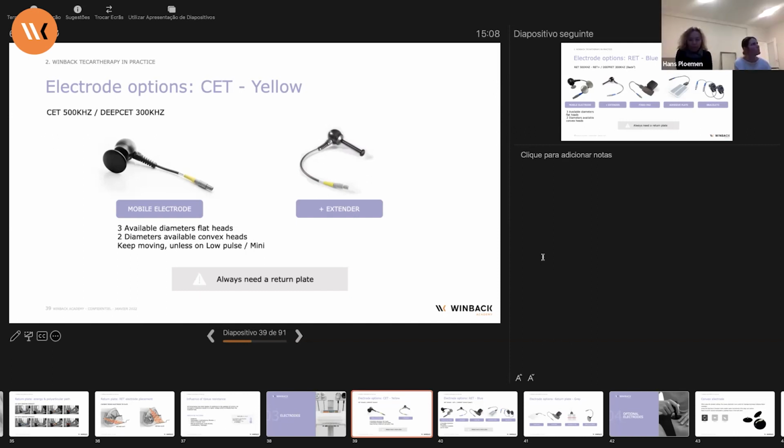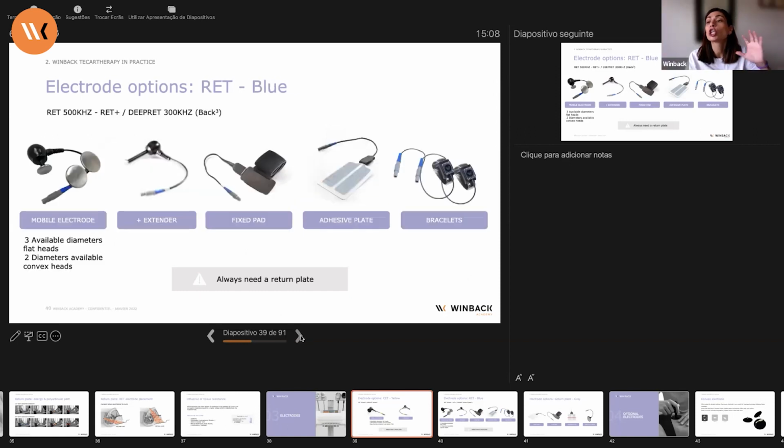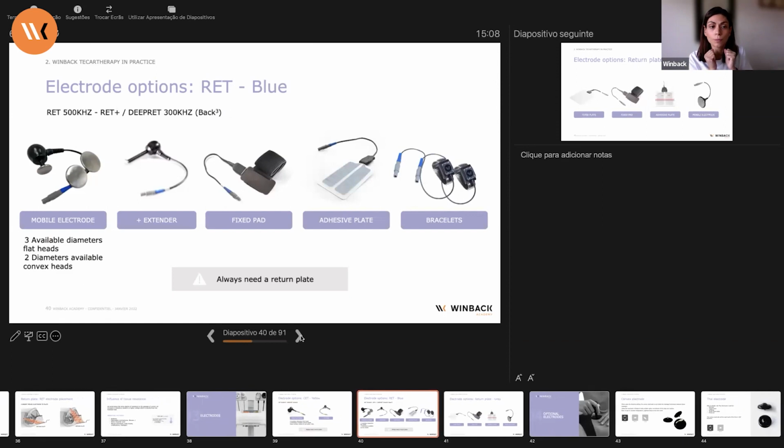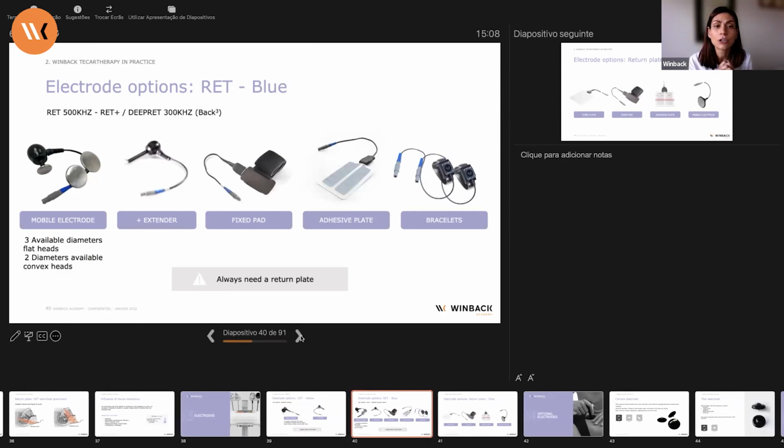Important, you always need a return plate to close the circuit. In the RET, the blue one is the metal one that has no cover, and we work on hard tissues. And we also work in chain, and we also work on dynamic, and we also work when you want to have our hands free.